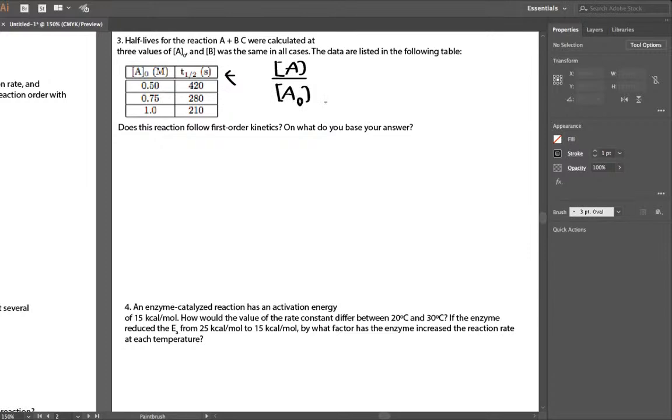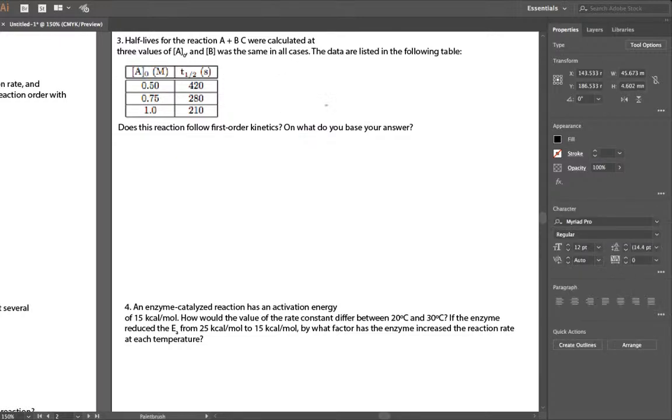And so with this here, I just need to figure out how to do this. Let's see here. Half-life. I have actually written a little bit about half-life. Ln 2 over k, 1 over k of A naught.